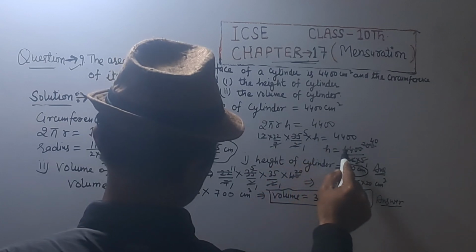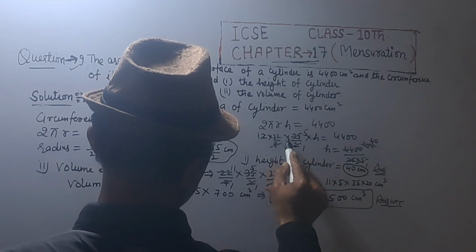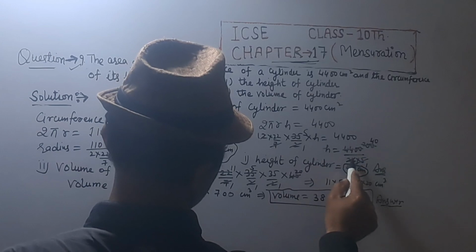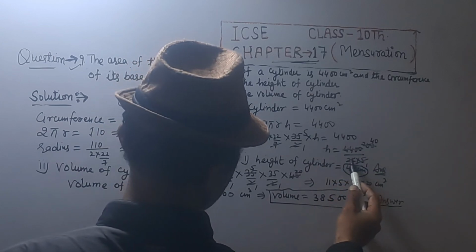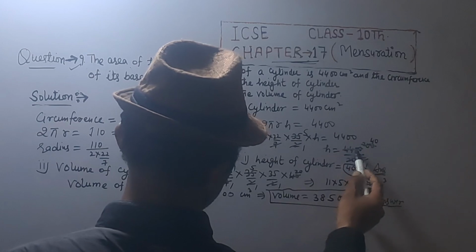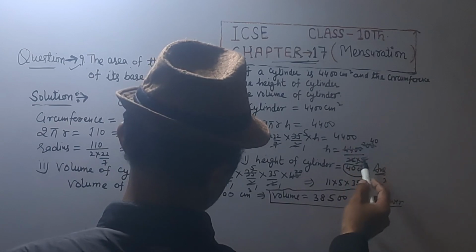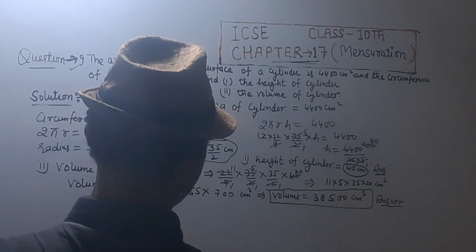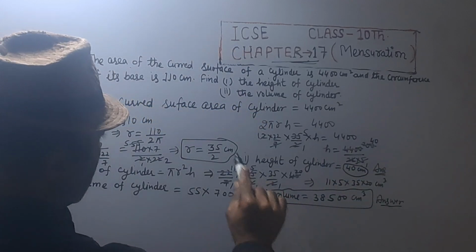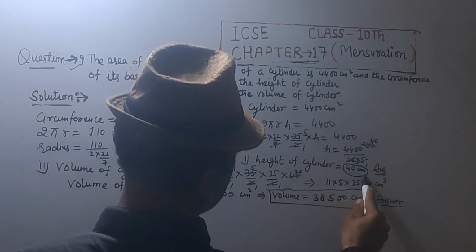Then h is equal to 4400 upon 22 into 5. 22 2s are 44 and 0 0. 5 1s are 5, 5 4s are 20. Height of cylinder is equal to 40 centimeter.